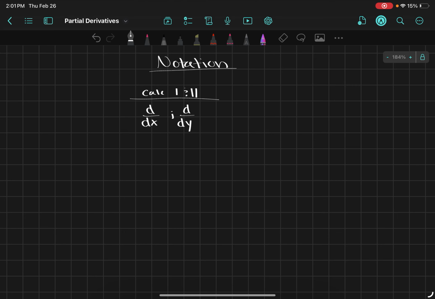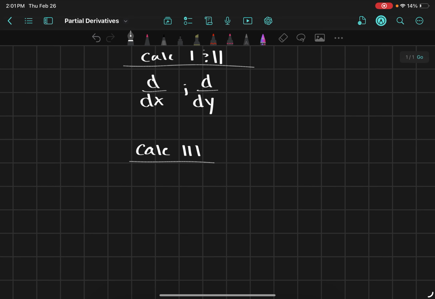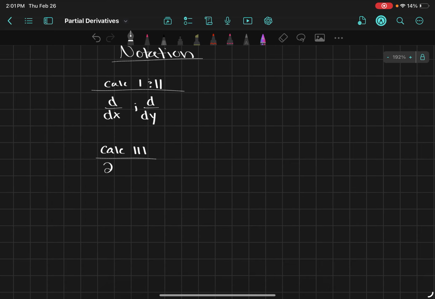In Calc 3, we use our partial derivatives with this little squiggly d, I like to think of it. So we have a little squiggly d wherein it is a partial derivative, and compared to the single variable, it is just a regular d, right?